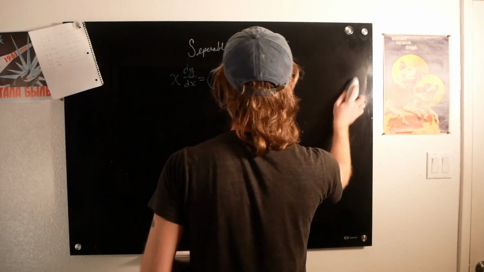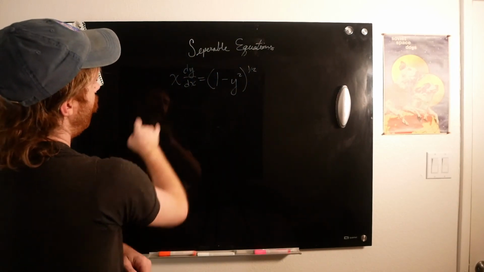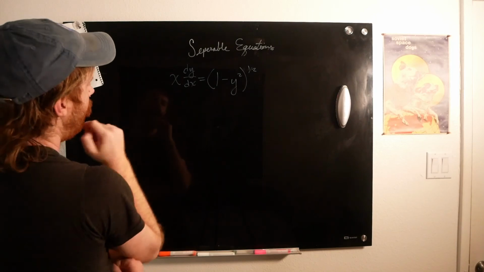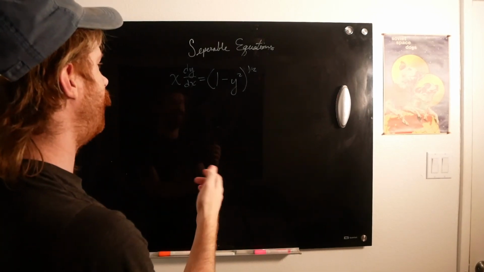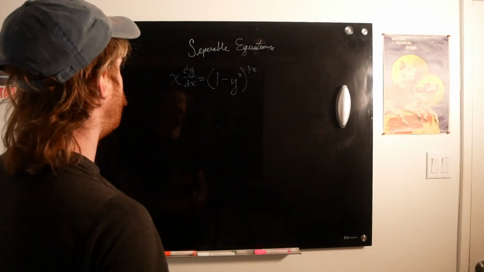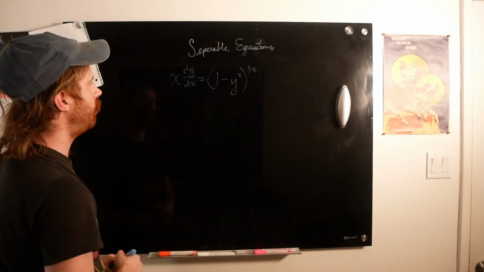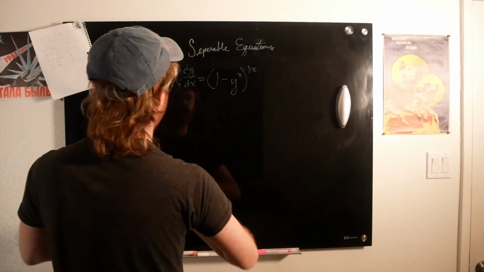So now how are we going to do this one? Well, we have x and dx on this side, right? But the dx is in the denominator, and that's bad. So you'd have to have dx in the numerator. What I can do is divide both sides by x first.